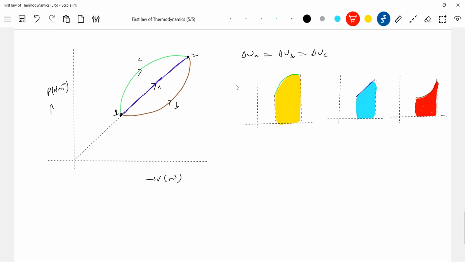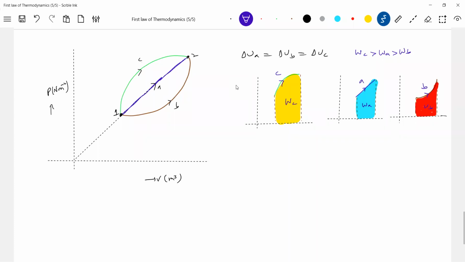We are going to compare. This is path C, path A, path B. So W_C, W_A: which area is more here? W_C is greater than W_A, no? Agree?